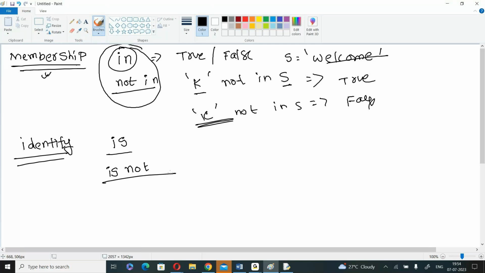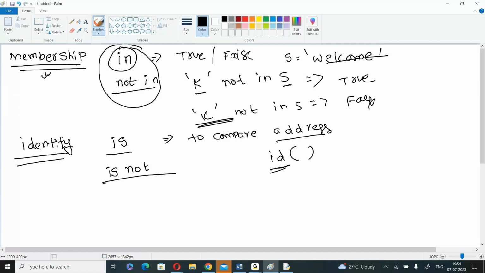Here, what is the purpose of in and not in? Checking the membership. The purpose of this is to compare addresses. Before explaining this one, I will introduce one more function, id.